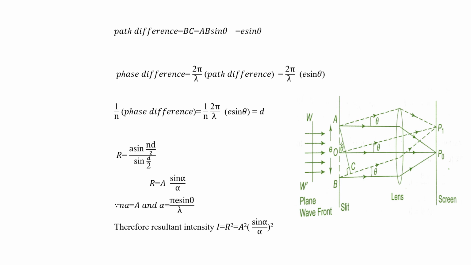So we have the phase difference equal to 2 pi by lambda into e sin theta, from which the value of R is obtained as A sin(N delta/2) divided by sin(delta/2). When you take N delta by 2 to be equal to alpha, R is equal to A sin alpha by alpha. The intensity I is R squared, which is equal to A squared (sin alpha by alpha) the whole squared.